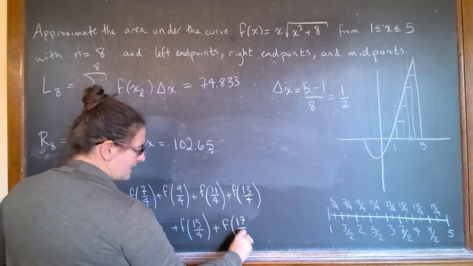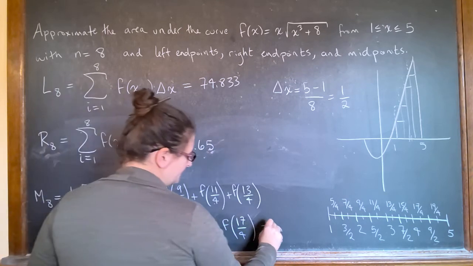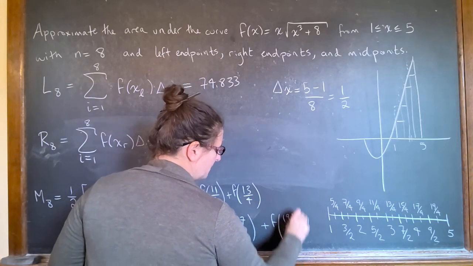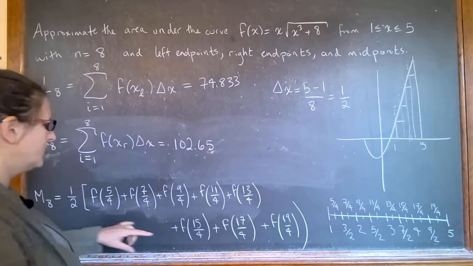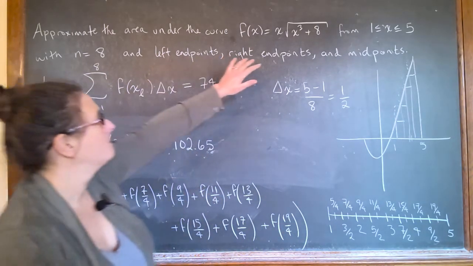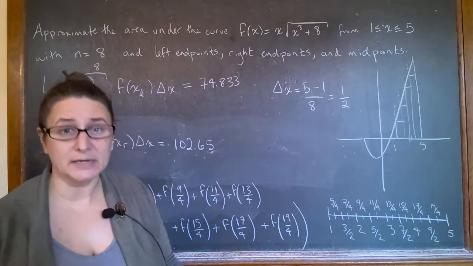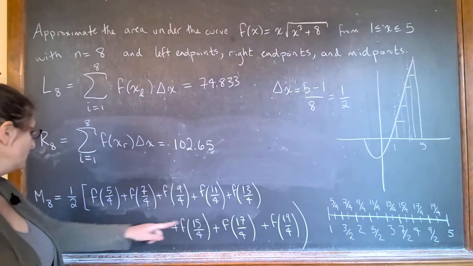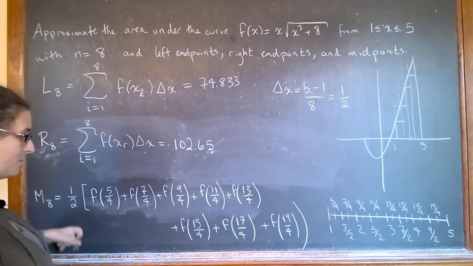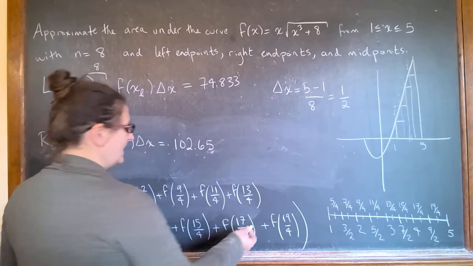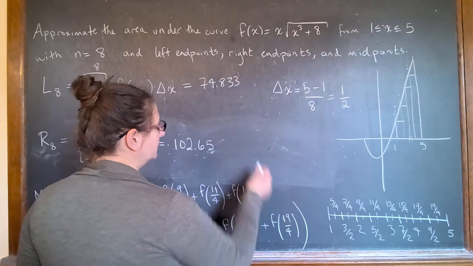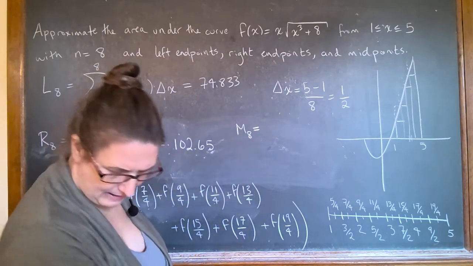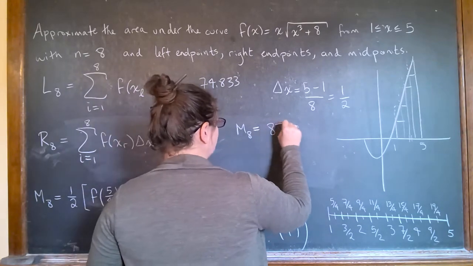Any of your graphing calculators should be programmable to the point where you can just program it to do this so that you're not having to punch that in every time. But again, don't ask me for help because I don't know. Anyway, if you evaluate the midpoint formula, it ends up being 87.74.